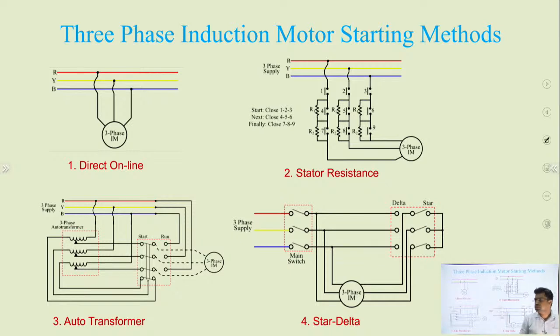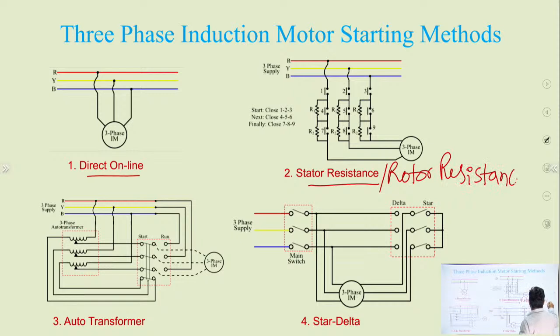You can see these four or five are the basic, or conventional, methods of 3-phase induction motor starting: DOL starting, known as direct online starting, the starter resistance method, the rotor resistance method, the auto transformer starter, and the star delta starter.